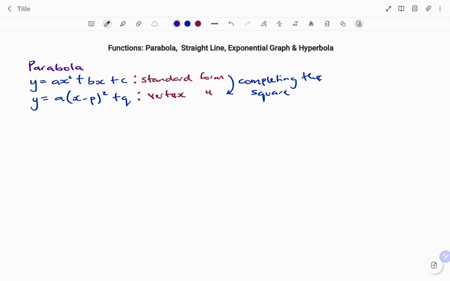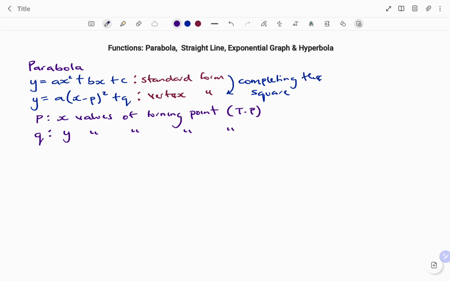Now, to explain what each variable means, your p is referred to as the x value of your turning point. I'm going to tag the turning point as TP, that's the acronym I'm going to use, while for the p and q values, the p is the x value and the q is the y value of the turning point.